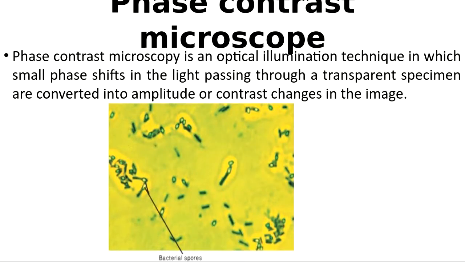You see the background looks more yellow, and the cells and bacterial spores look a little greenish or bluish or blackish in color. This is called contrast, because the background is yellow and the bacteria look a very different color, in contrast to the background. That is why it is called phase contrast microscope.